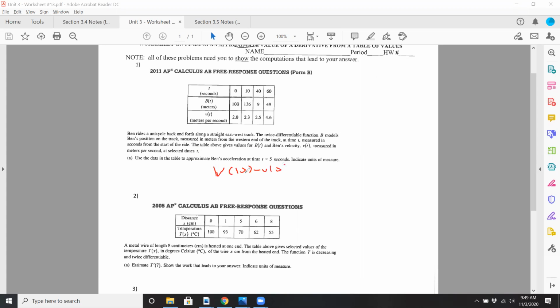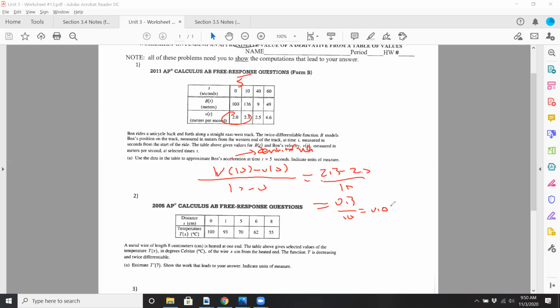Acceleration is the derivative of velocity, so you're going to do V of 10 minus V of 0 over 10 minus 0. And 5 is right in between 0 and 10. So this is 2.3 minus 2.0 over 10, or 0.3 over 10, which is 0.03.